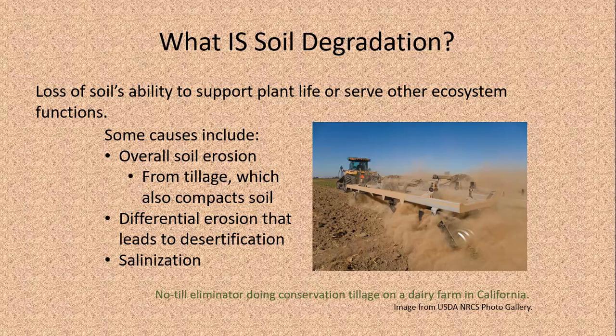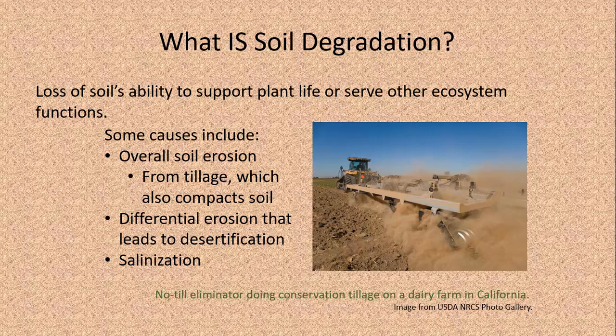You might have seen tilling devices on farms that dig up and turn over the soil. And you can see in this picture here, when you do that, a lot of the smaller fine particles of soil go into the air and they can get blown away. And so that soil is not going to maintain all the different soil size particles that it should.